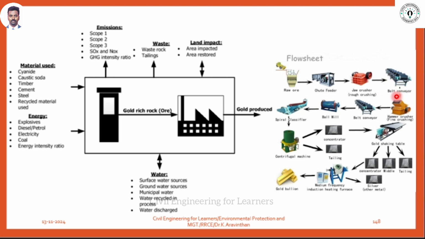Then you will have a belt conveyor. This system will be processed one by one. I am not going to explain in detail. I will just tell you how the gold is taken. When they are cutting, you will get some waste, and after that they will burn it. What happens? A melting process will be there.